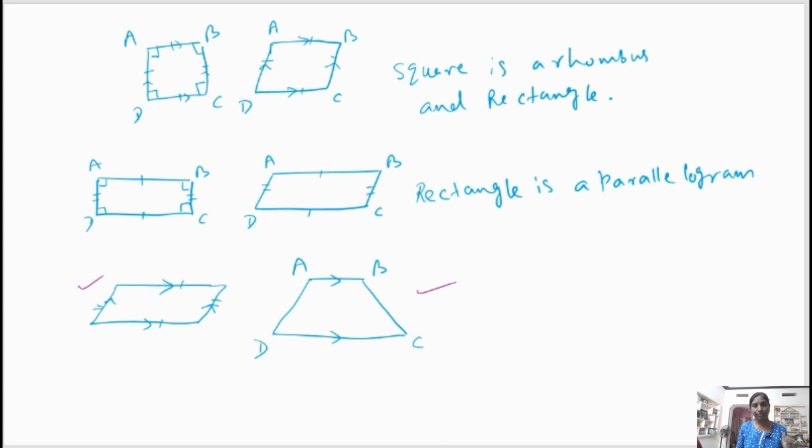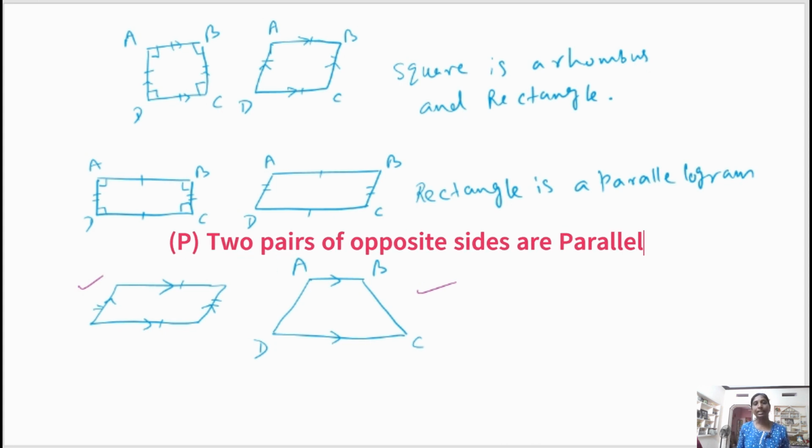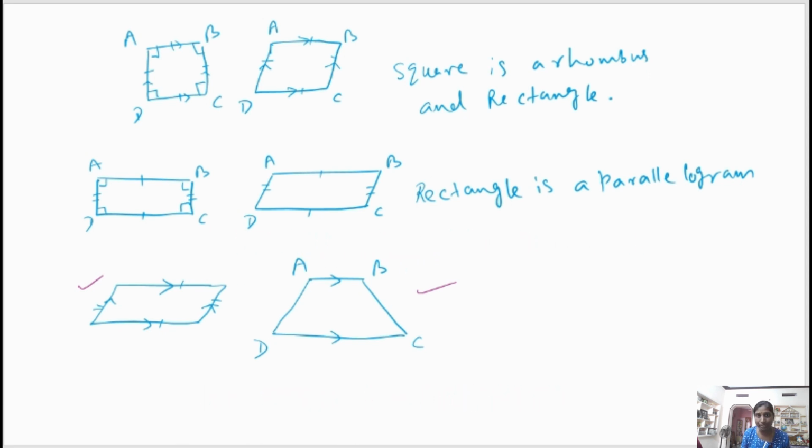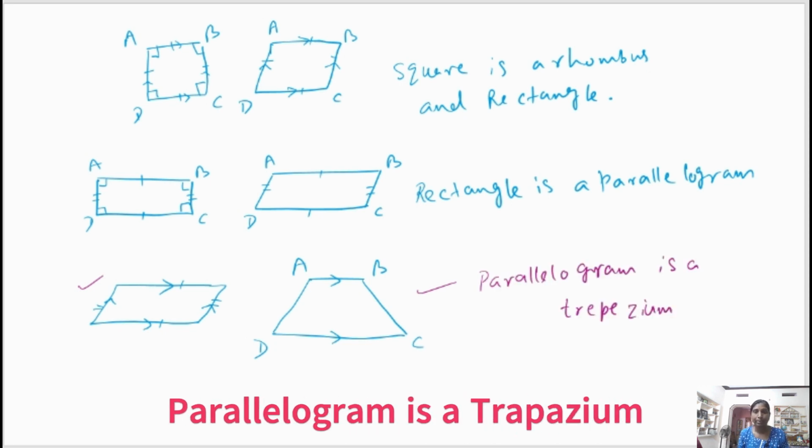So a parallelogram satisfies the condition of a trapezium. So a parallelogram is a trapezium. But a trapezium is not a parallelogram.